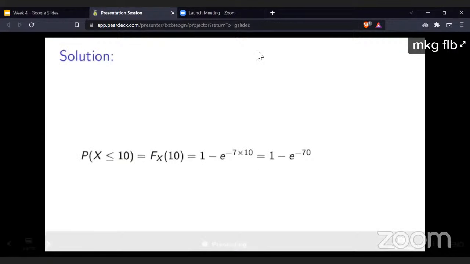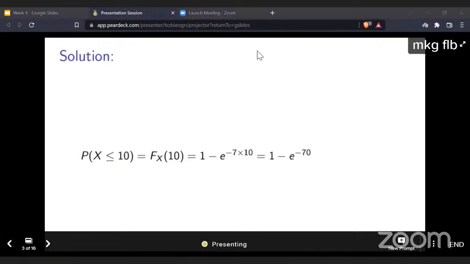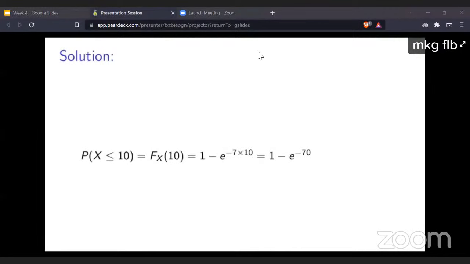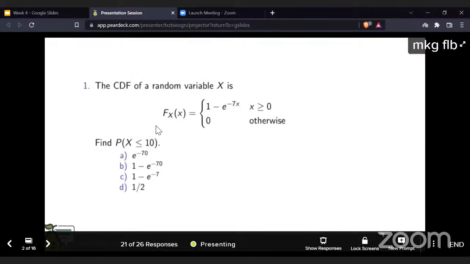Somebody had posted in the chat that it is 1 minus e to the power minus 70. Okay, Arun Rajan. So the CDF was given to us, right? The question says the CDF of a random variable is given, that is Fx of x is 1 minus e to the power minus 7x, and you have to find probability x less than equal to 10.